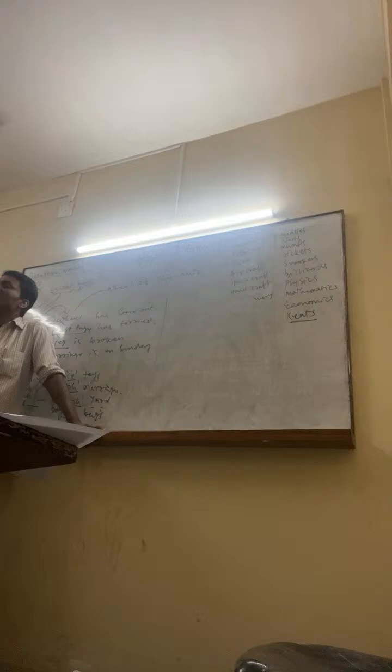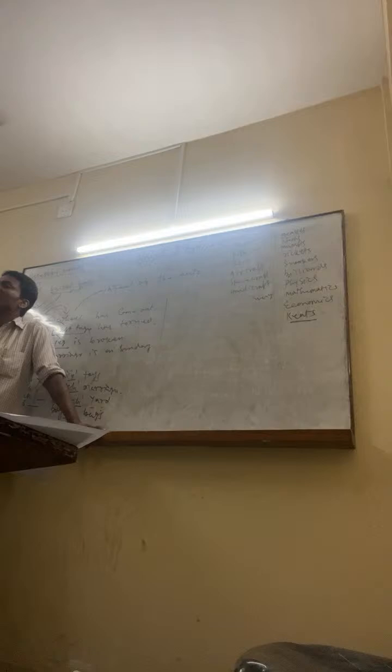So what do the articles do? Articles point out the existence of a noun, whether the noun is singular or plural, common or proper, countable or uncountable, and specific or non-specific. In that case, we use articles.